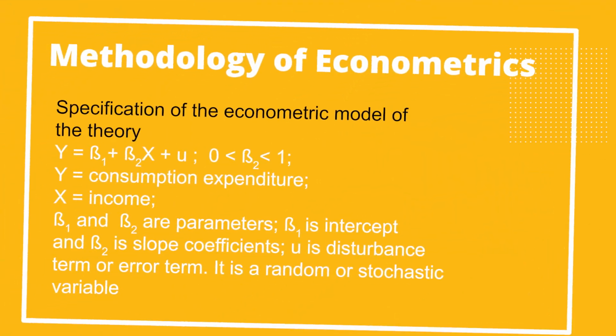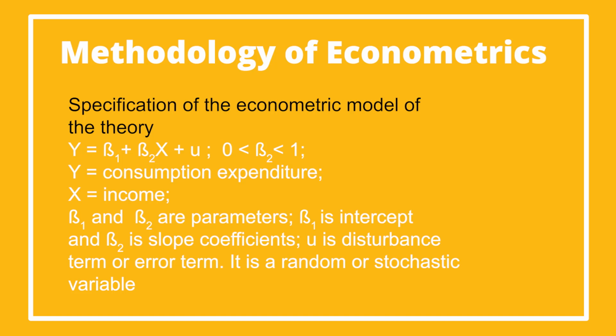But when we are going for step number 3, which is basically the journey from economic model to an econometric model, we are including the error term, which is U, because X can be income and Y can be consumption expenditure.